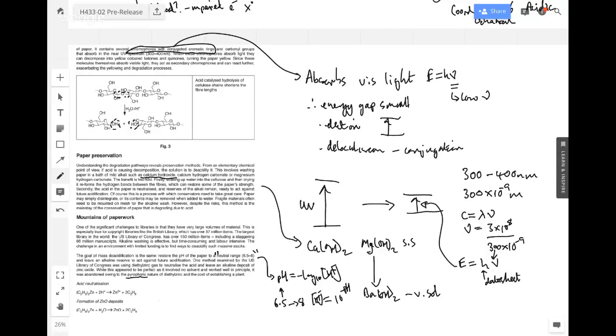So it's diethyl zinc, and that has CH3CH2 minus, and that's acting effectively as a ligand to the zinc. So we've got something that looks like this, and we've got presumably a dative covalent bond between the carbon and the zinc going on here, and you could probably imagine this is some sort of linear complex like that.